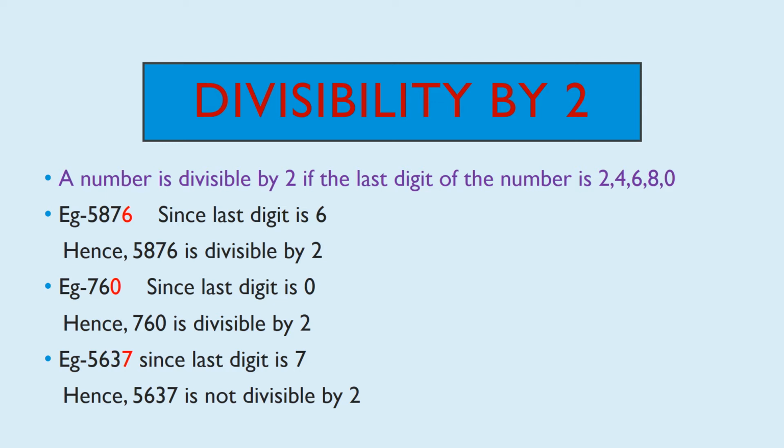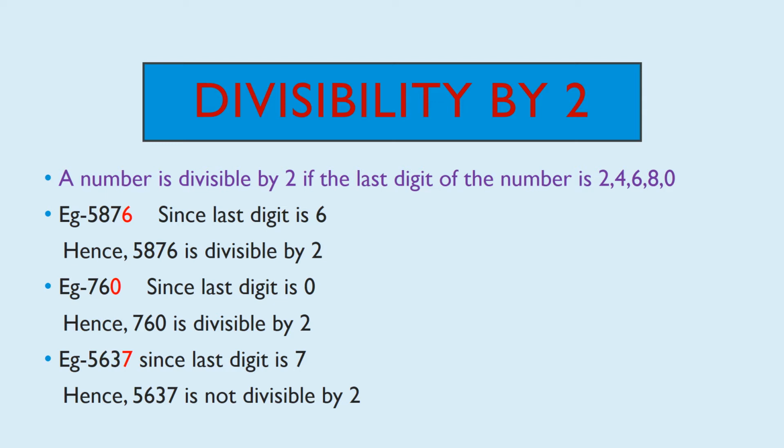Divisibility by 2. A number is divisible by 2 if the last digit of the number is 2, 4, 6, 8 or 0. See here the example 1. The number is 5876 and the digits of the number are 5, 8, 7 and 6 and the last digit is 6.